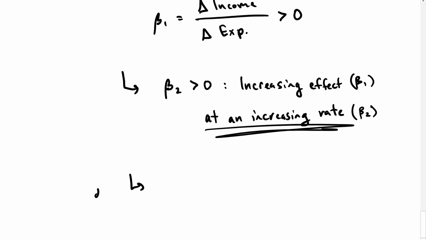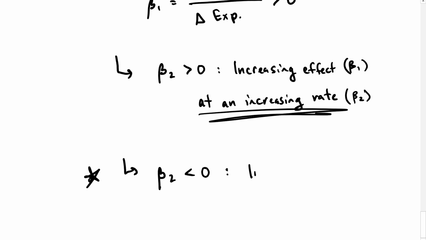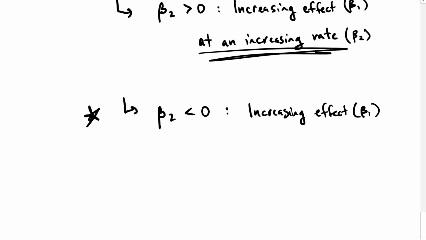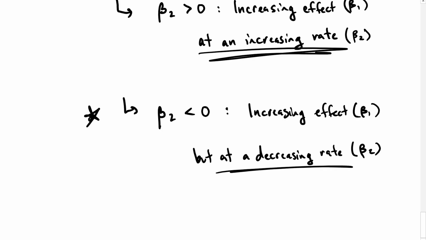What we're likely going to see is beta 2 is going to be less than 0. So we're going to have an increasing effect from beta 1, but at a decreasing rate. And that's that beta 2.